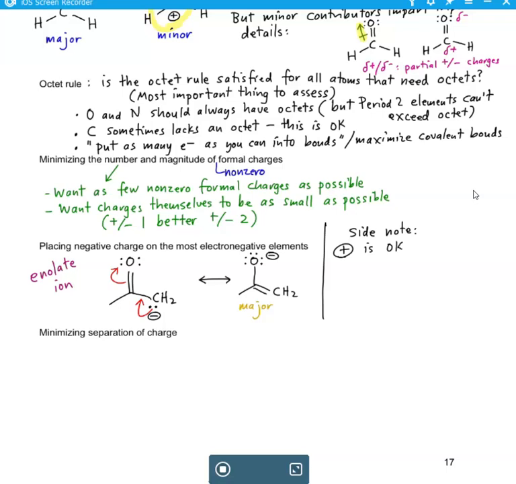Positive charge is okay on an oxygen or a nitrogen. These are highly electronegative elements, and for various reasons, people feel uncomfortable putting positive charge on them. It's okay to put a positive charge on an O or an N as long as the oxygen or the nitrogen has an octet.